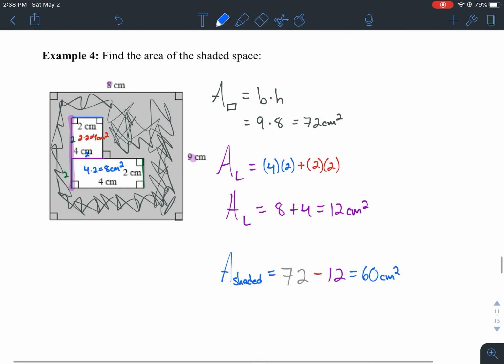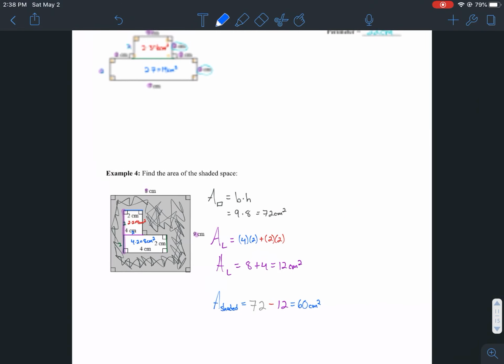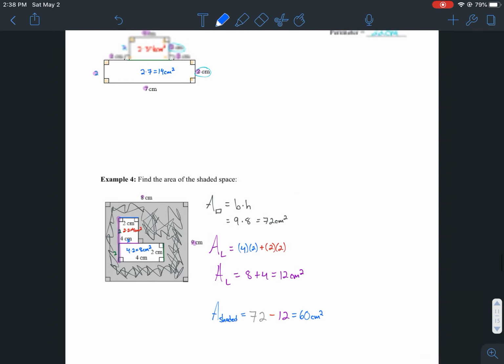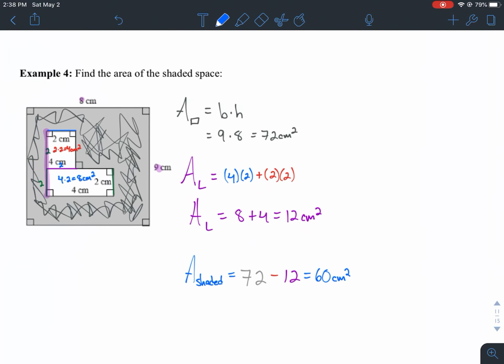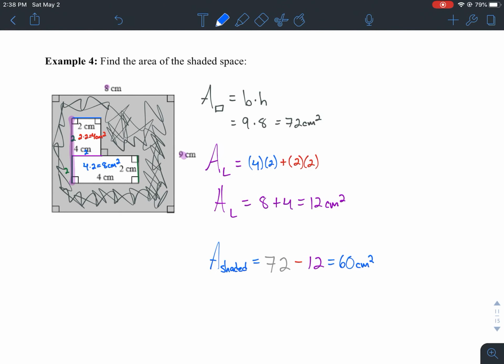So again, if you want to find the area of a composite figure, you break it down into smaller or more basic shapes that you are aware of. And if you want to find the area of this shaded region, you would find the difference between the bigger shape, in this case a rectangle, and the area of the L in order to find the area of the shaded region.